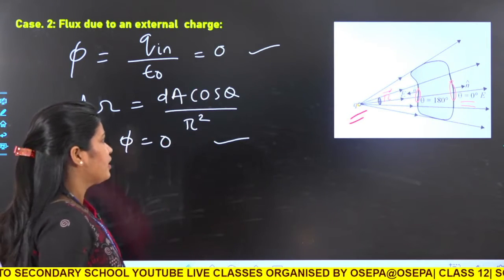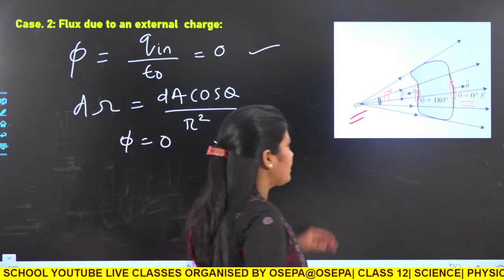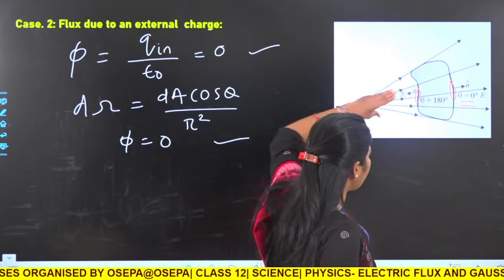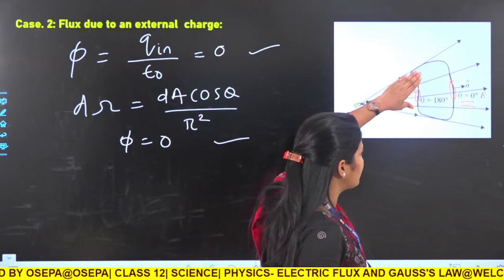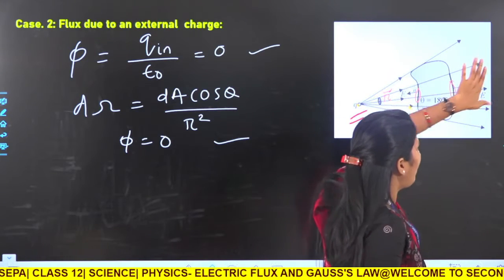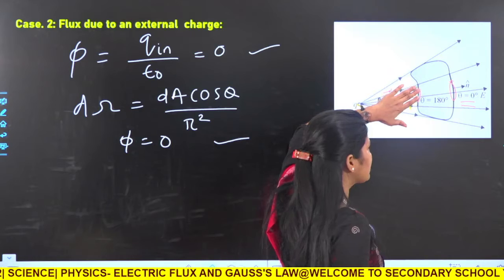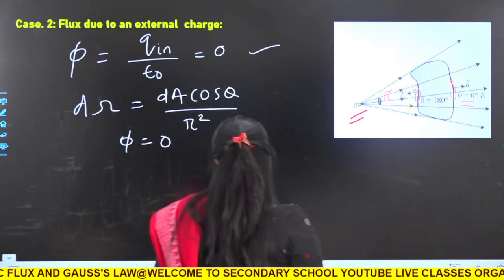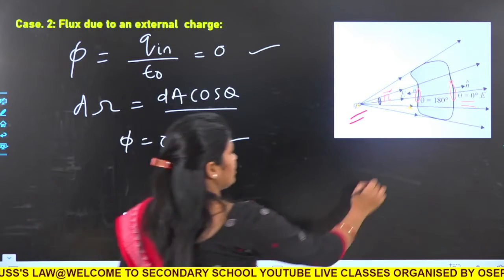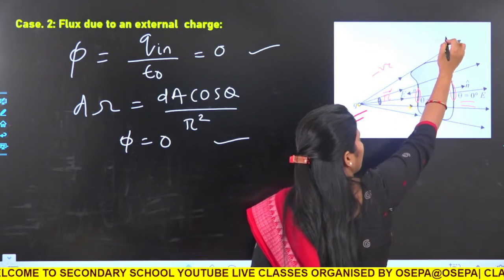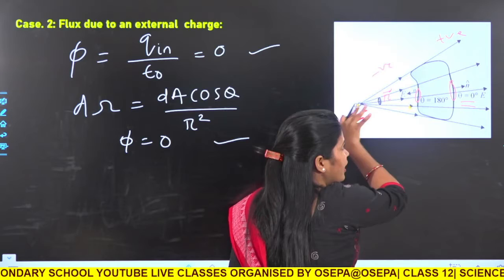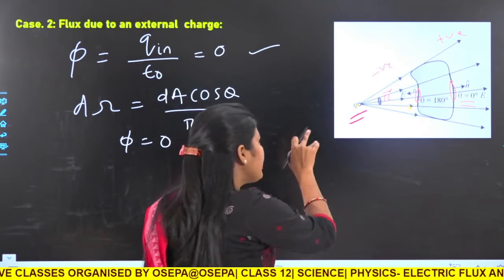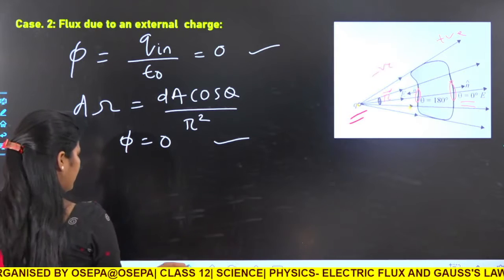This is the second way. You can know that, see this figure clearly, these are field lines entering, the incoming flux, and these are the outgoing flux. This is the positive flux and emerging. That means what will be the phi total?